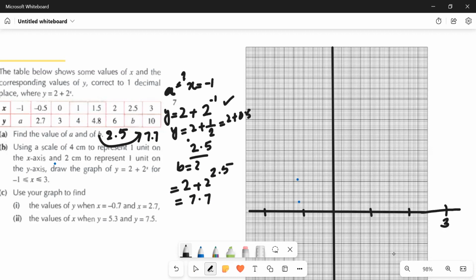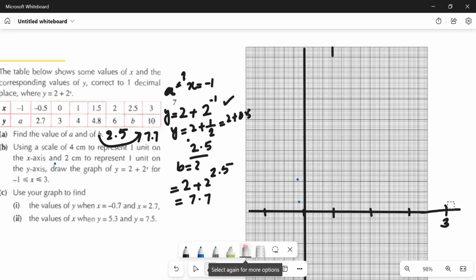So here, if I draw it like this line, we don't need to draw more after 3. So -1, 0, 1, 2, and 3.